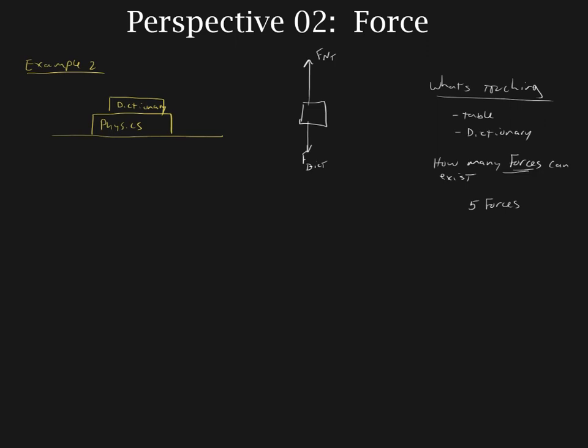If you said because there were no other forces that were horizontal attempting to push either the dictionary or the physics book, you would be correct. And so we don't have any friction in this problem. All we have are the two normal forces from the two surfaces. We've got the dictionary pushing down on the book, and we've got the table pushing up on the book.